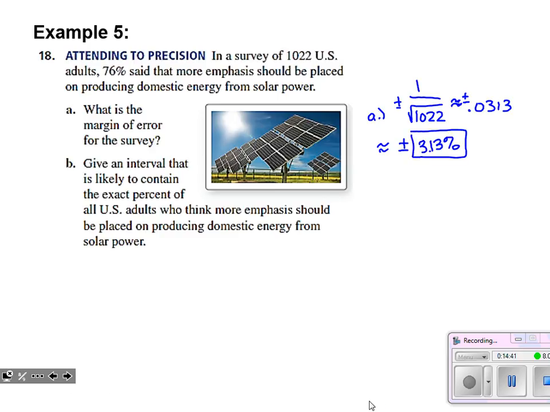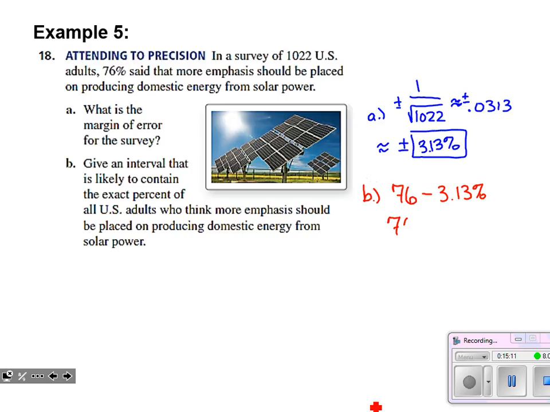Then letter B says, give an interval that is likely to contain the exact percent. So if we go with this 76%, that's the result of the survey, if we apply our margin of error, we get a range that is likely to contain the exact percent when we look at the whole population. That's what the margin of error is incorporating here. So for our lower bound, we're going to take that 76% and subtract away 3.13%.